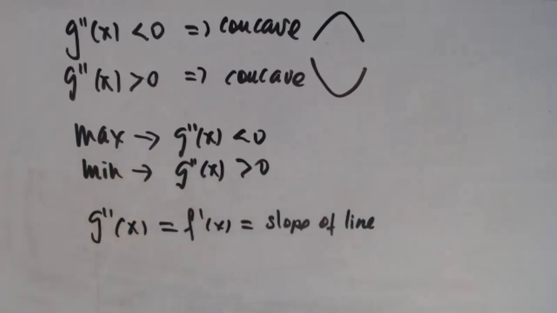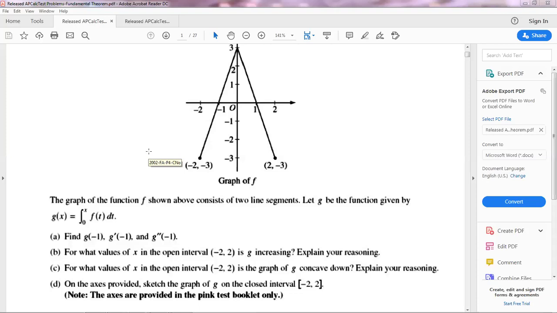Okay, so let's watch the graph again. Where do you have a min or a max, negative one or positive one? Negative one. In negative one, yes, because g double prime of x is positive.